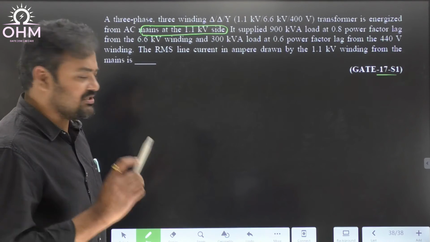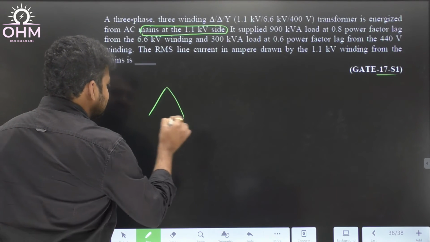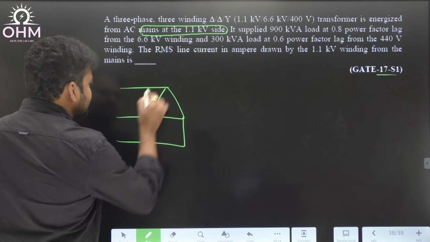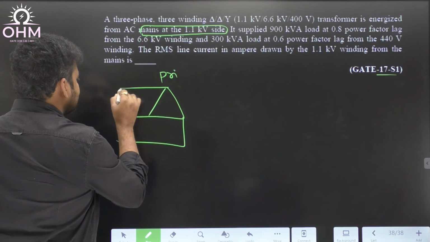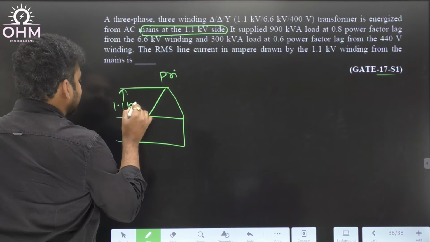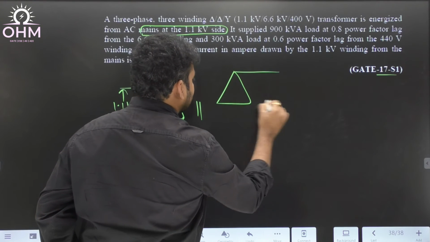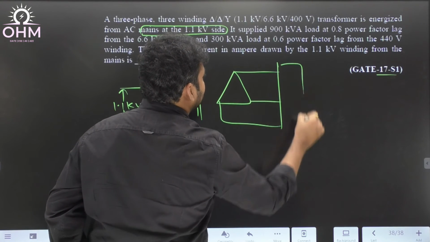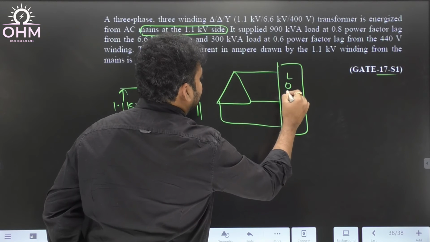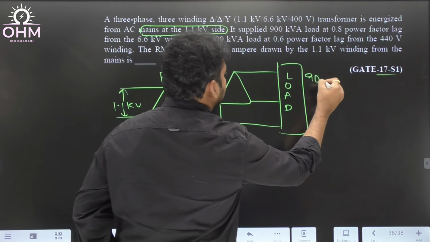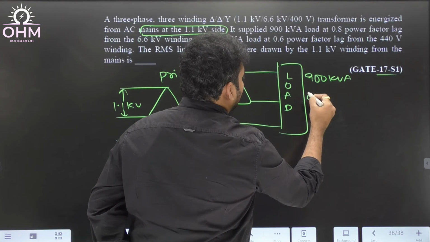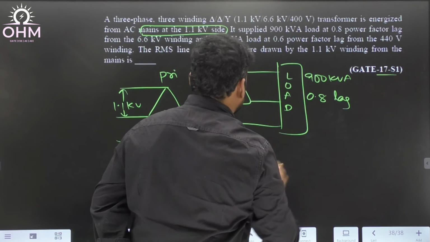So very simple question. There are three windings, guys. This is the primary winding, the 1.1 kV side. And there are two more windings. Secondary is a delta, connected to a load. How much load? 900 kVA, 0.8 lagging power factor load.